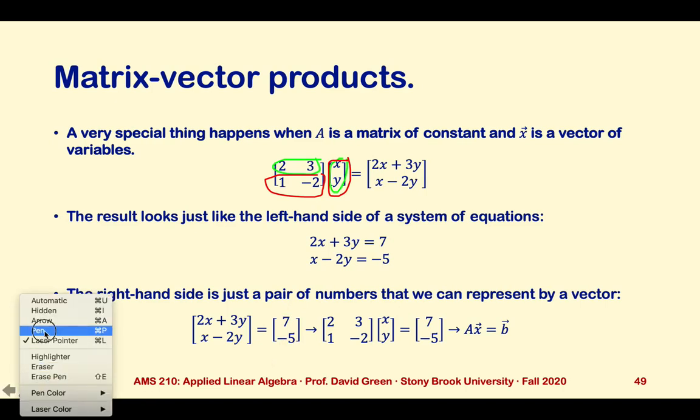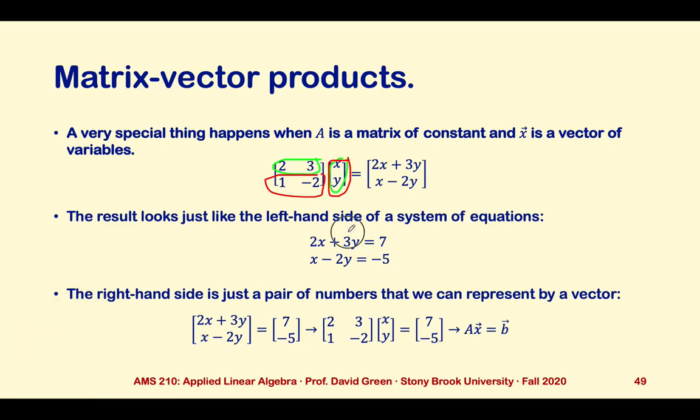This system of equations and this vector equality, where the equations are the two rows on the left-hand side and the numbers are on the right, are exactly equivalent. These two representations mean exactly the same thing.